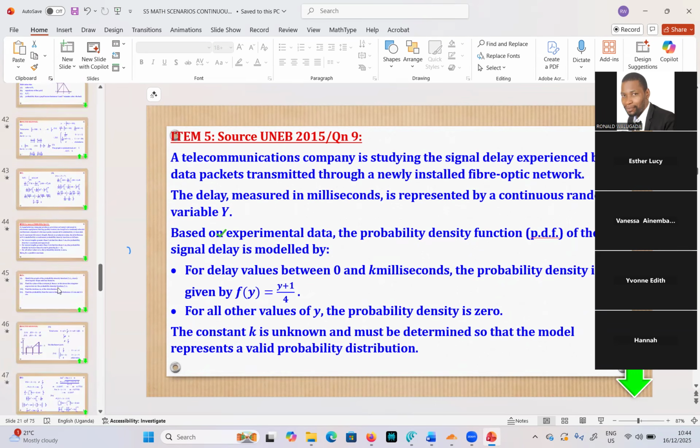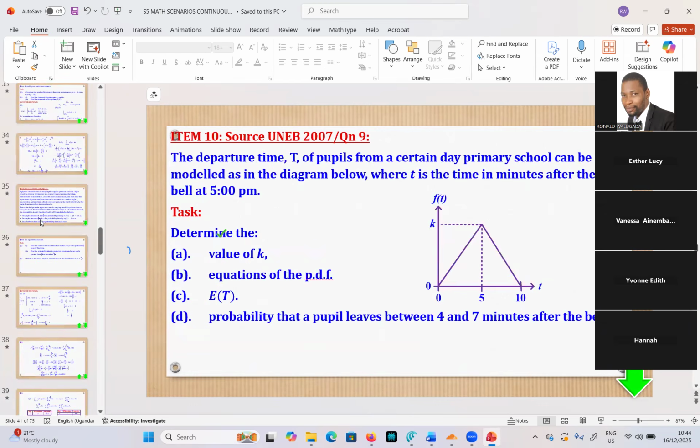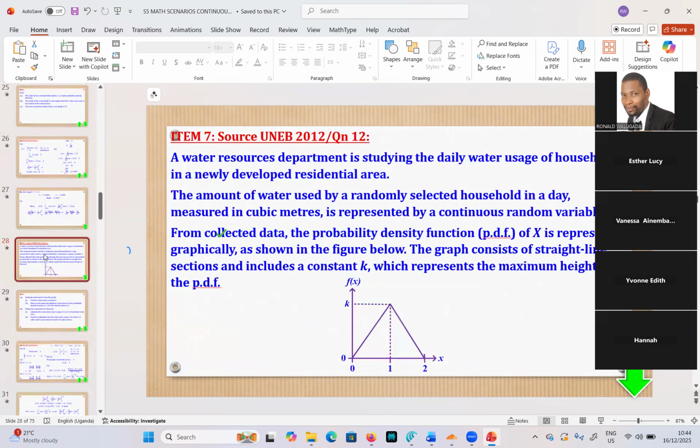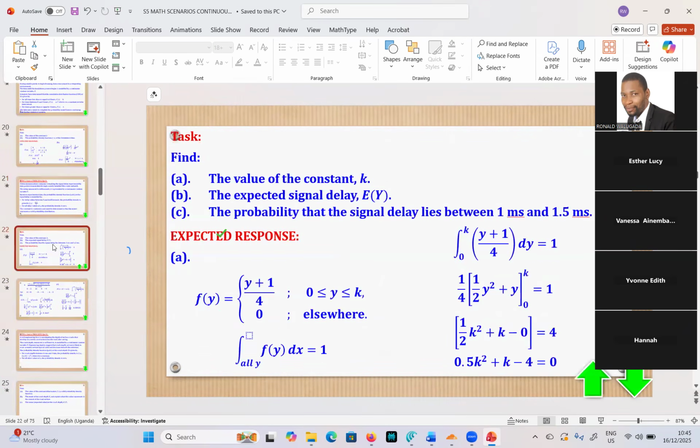Okay, let's do item 5. They want the value of k, expectation, then the probability.